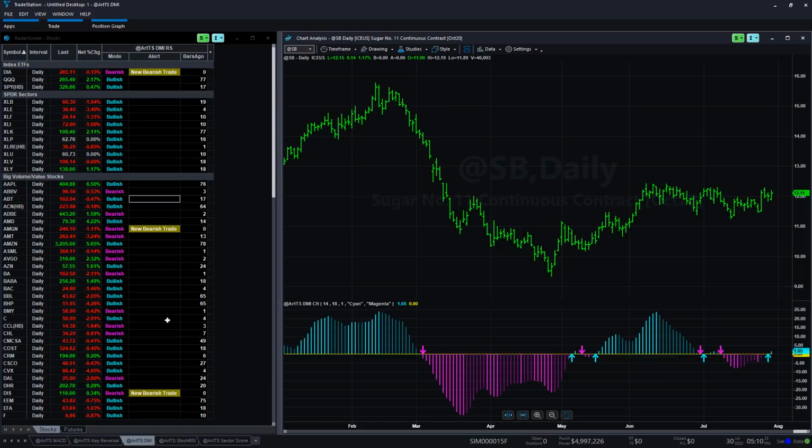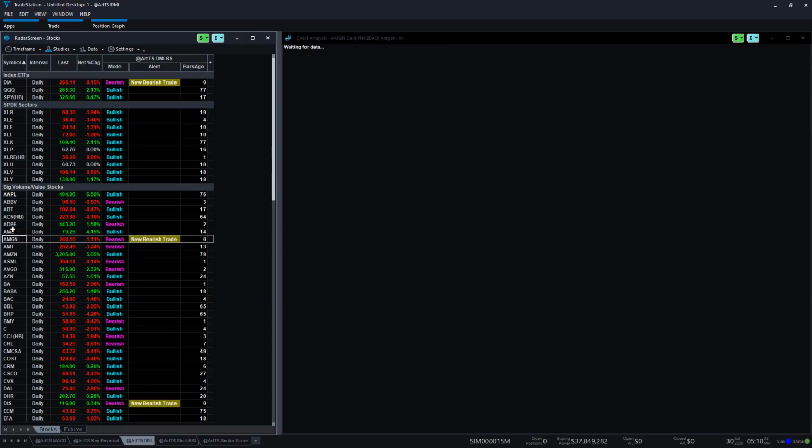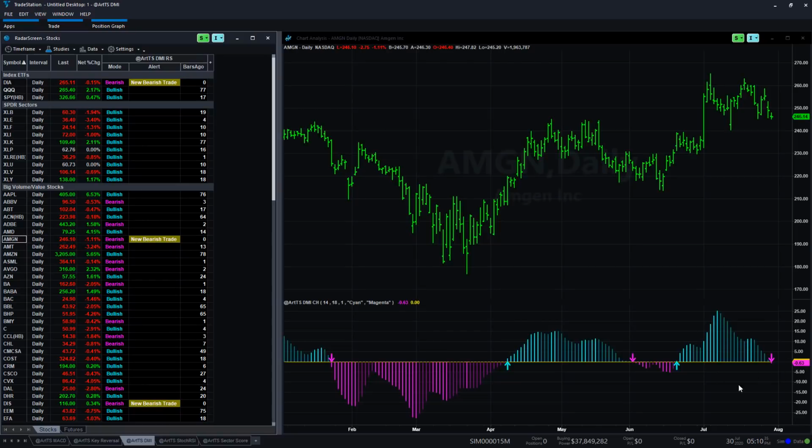And so here in RadarScreen, we have our DMI indicator showing us the bullish and bearish mode. Any alert. So right now Amgen is showing a bearish trade here, so we can look back and see whether these signals were strong or not. And so that shows us an opportunity there.